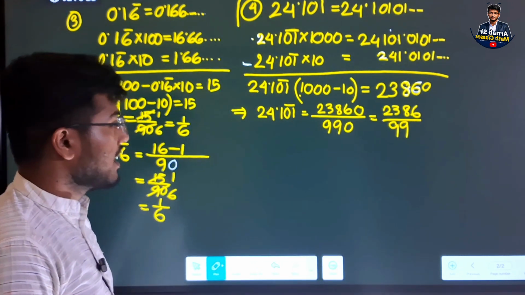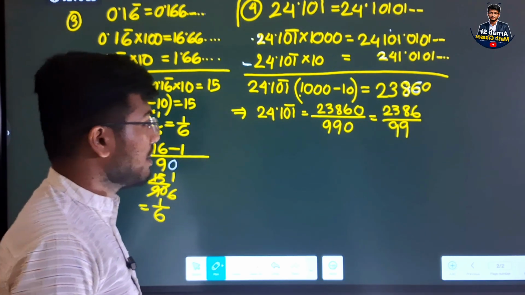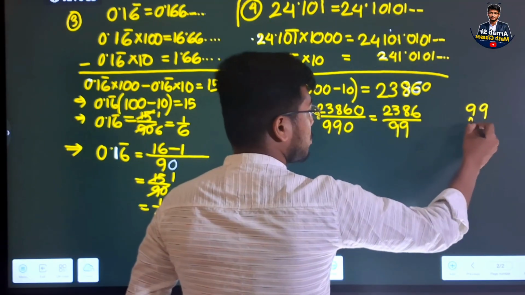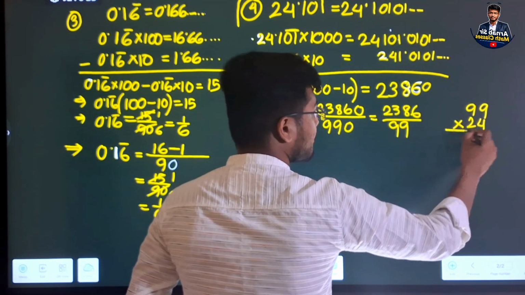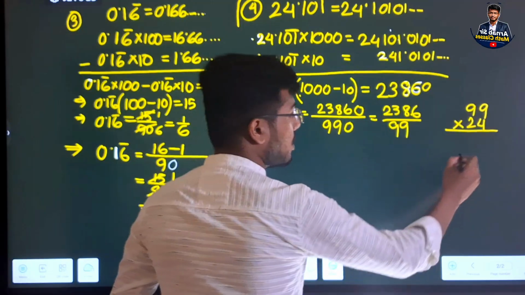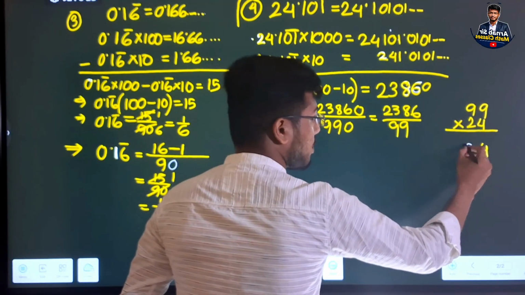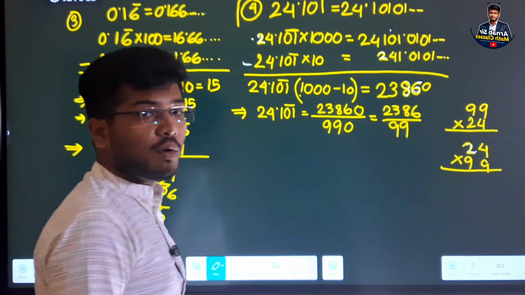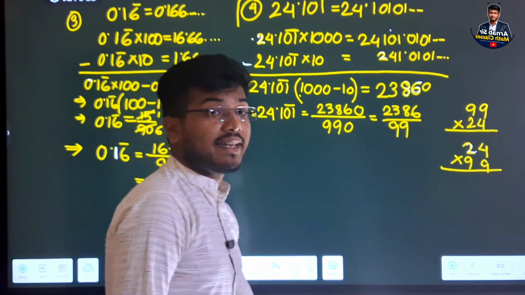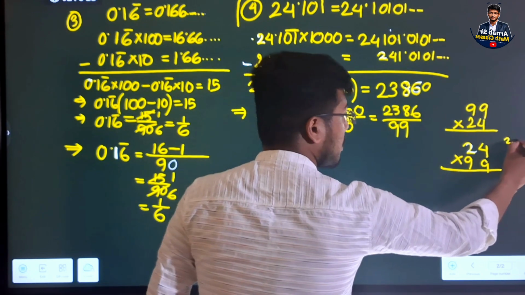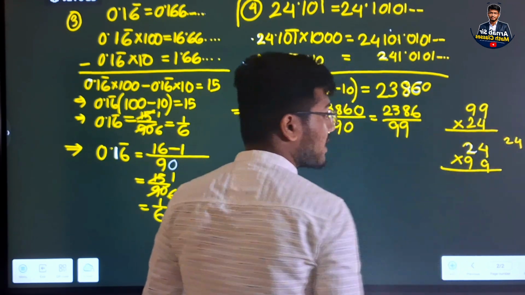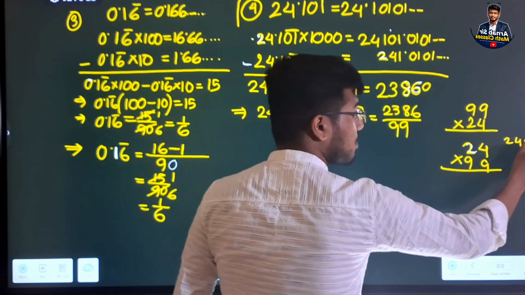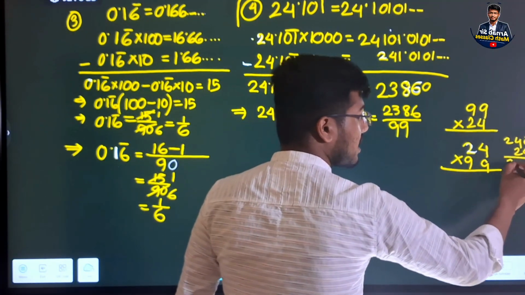If we multiply 24 by 99, 24 multiplied by 10 is 240, and 240 minus 24 is 216.